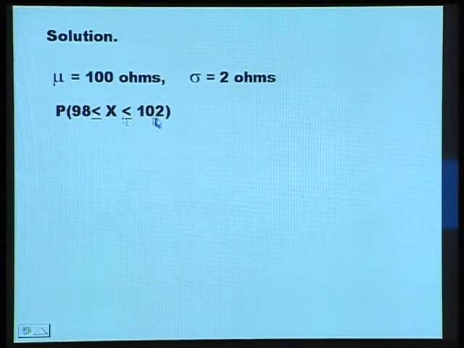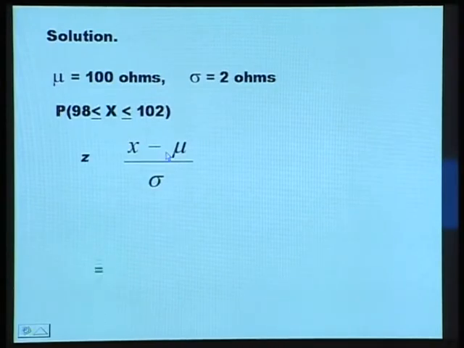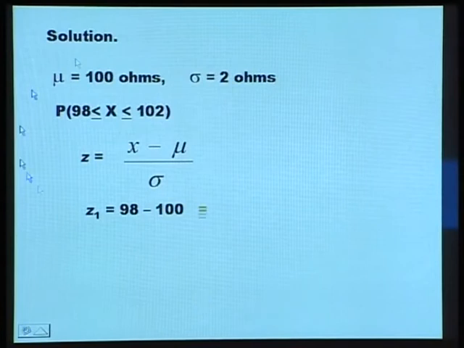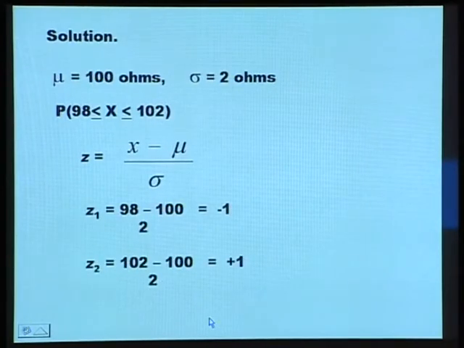So in order to find this probability, we need to standardize by using the standardization transformation. So we need to standardize the variable x and then transform the numbers 98 and 102 by using this transformation.